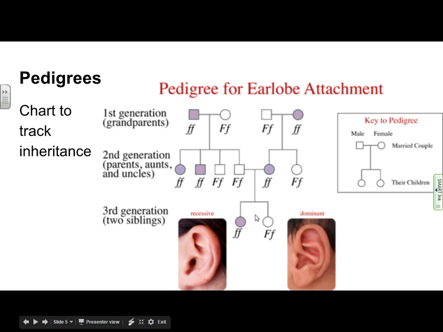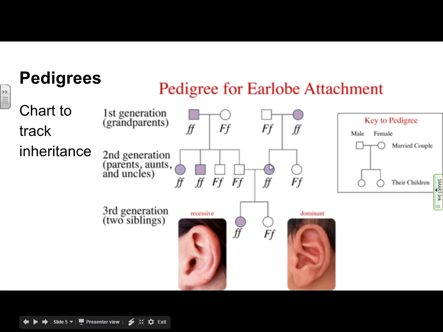So they go back to their mom and dad. Dad has unattached or free earlobes. Mom has attached earlobes. If you look at mom's family, this would be mom's sister, so an aunt. Mom's sister, their aunt, has detached or free earlobes.